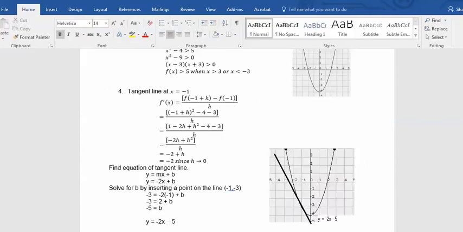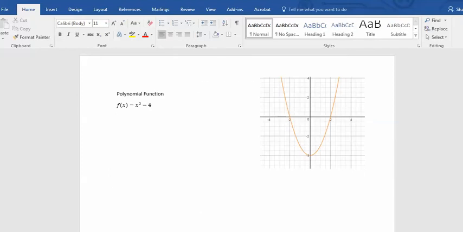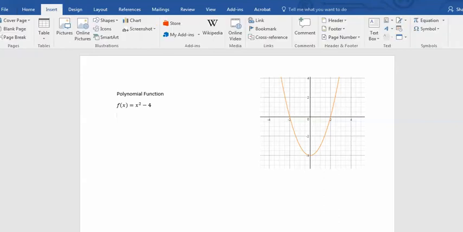So in our culminating, graph each function, include all key aspects of the graph, intercepts, asymptotes, etc. Okay, so I should point out the vertex and stuff like that. You can do this in whatever format you want. You can just talk about it.